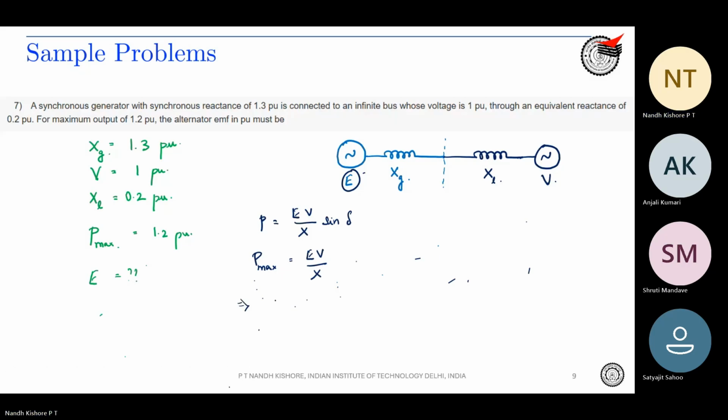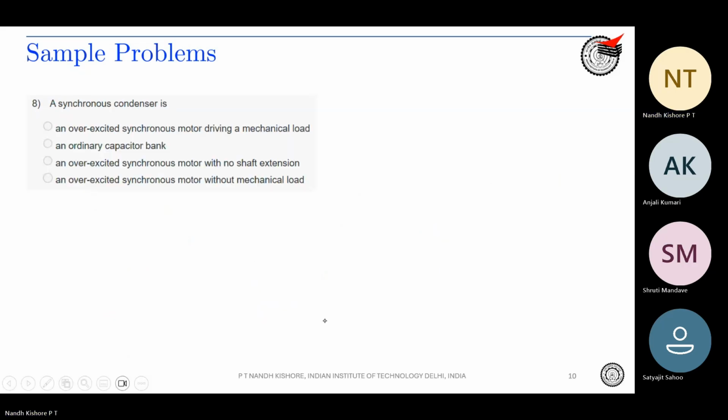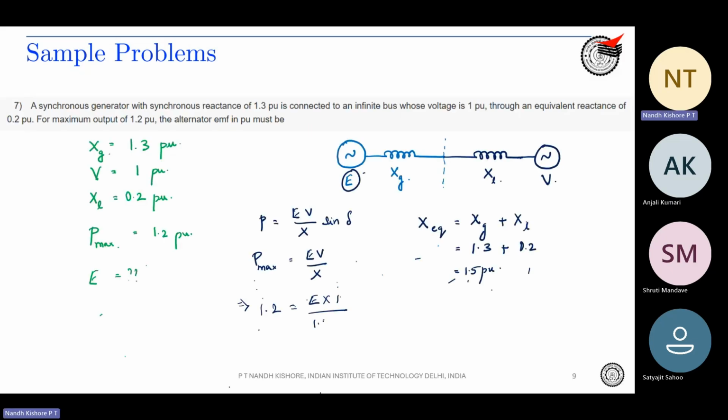That is your P max is 1.2, so 1.2 is equal to E into V, which is 1, divided by X. What is X? X equivalent, since they are in series, is going to be Xg plus XL, that is 1.3 plus 0.2, which is 1.5 per unit.